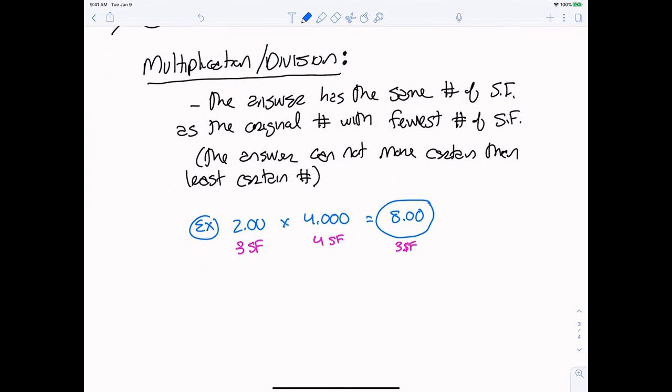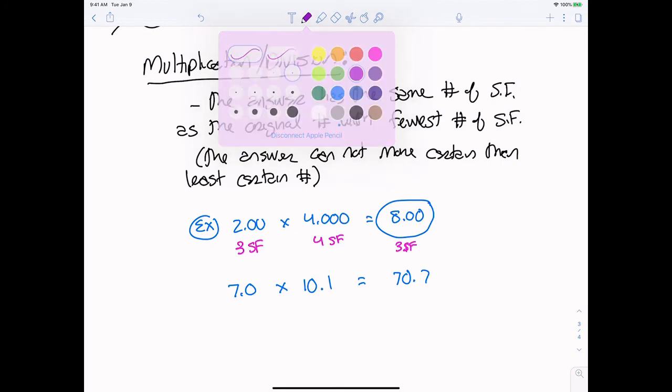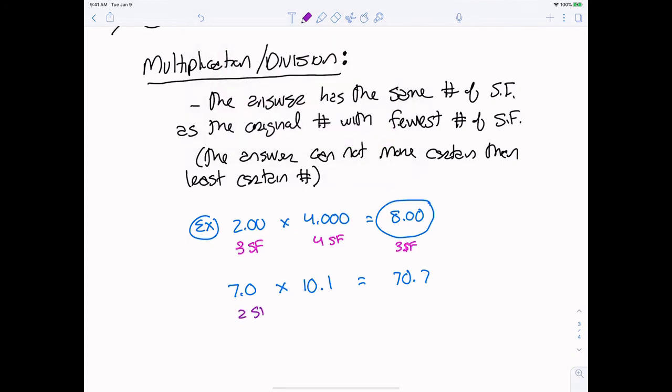Another example. Let's do 7.0 multiplied by 10.1. When I do this, without rounding first, I'm going to get 70.7. I have 2 sig figs here and 3 sig figs here. So I want 2 in my final answer.